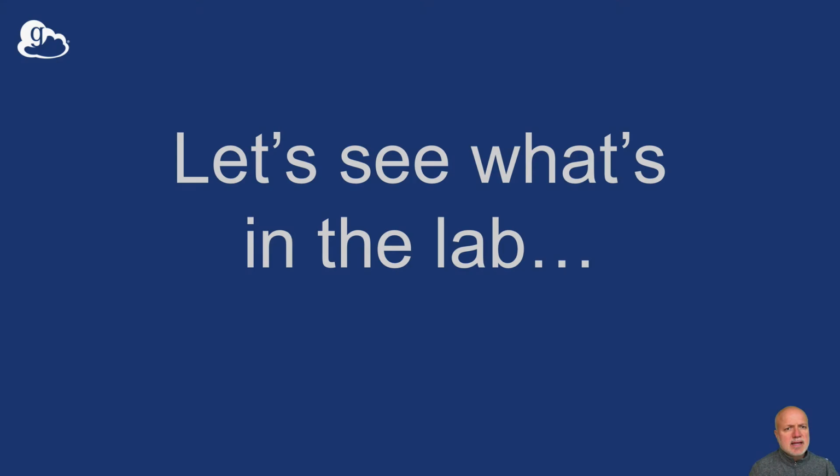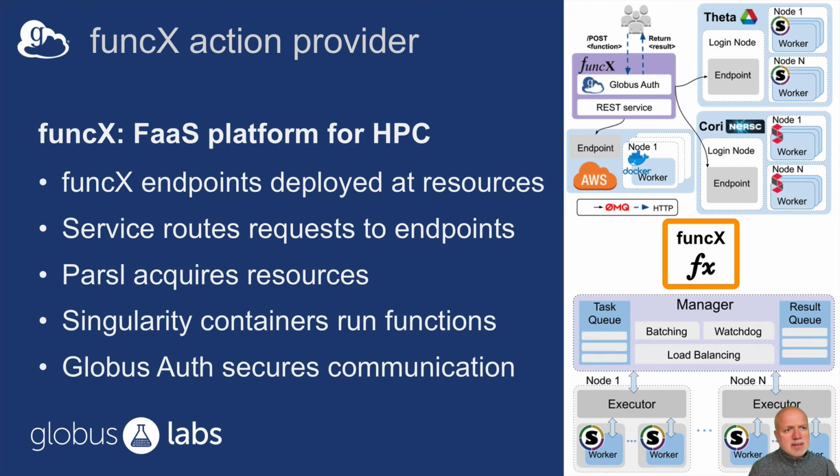So the last thing I'd like to talk about are a couple of the projects that we're currently working on in the Globus labs. One of those is funcX, which is functions as a service for HPC. So basically this service allows you to transform your own cloud, a private cloud, a cluster, a supercomputer, into a high-performance function serving system.